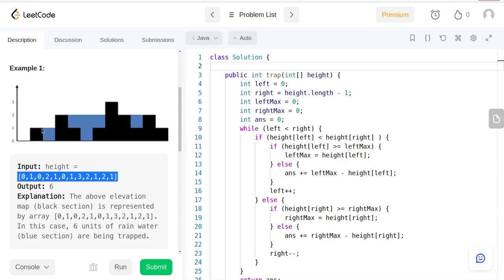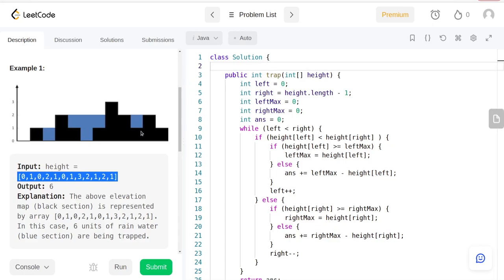If it is increasing, say there is a block over here and another block with a bigger height over here, there would be no water which can be trapped. It's going to be like a hill, and there would be no water on the left hand side. So we're going to keep incrementing the left counter if the height keeps increasing. If the height does decrease, we're going to take the difference, and that's going to get added to the result.